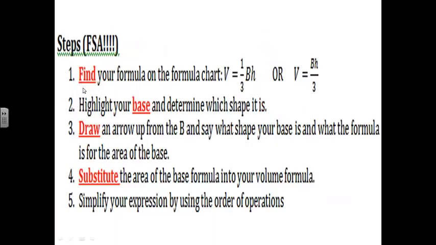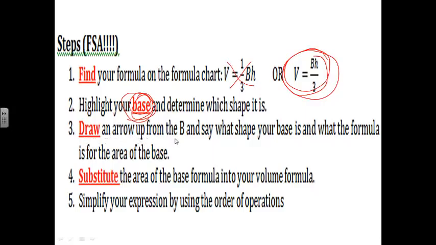All right, so our steps, which you're going to be using tomorrow. Number 1, you find your formula on the formula chart. So remember, we're going to be using this one, or we need to rewrite this one, and this is the one we're going to use. Okay, so number 2, highlight your base. This is so important. You've got to highlight your base, or the base for a pyramid. There's only one base. Okay, and determine which shape it is.